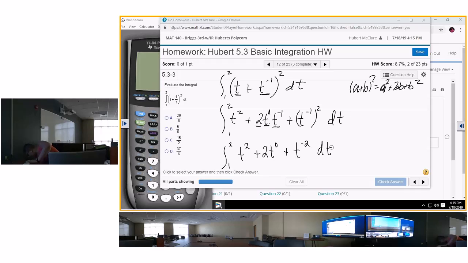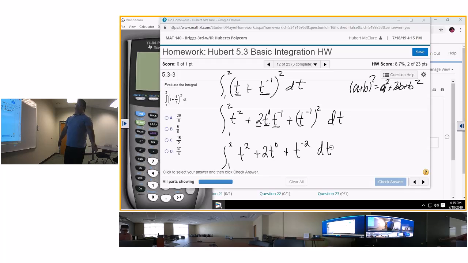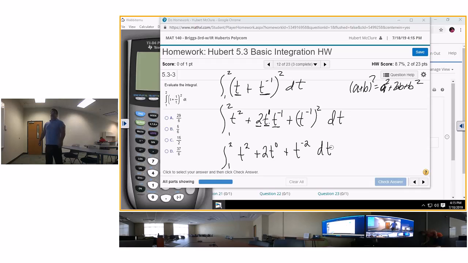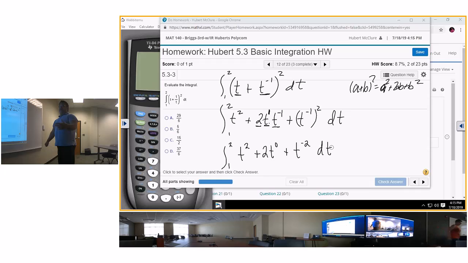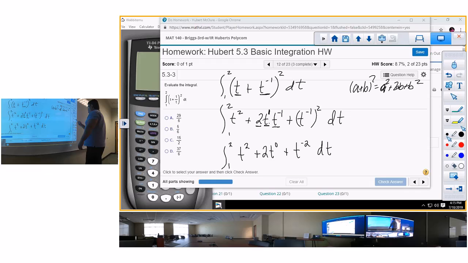Now, can you combine like terms? Well, that's a plus, so you can't do that. And it's a -2, so you can't do anything there. So now we have to take the antiderivative of everything. And of course, what is the derivative of 2t to the plus 1? So I just did that to make sure you see that.